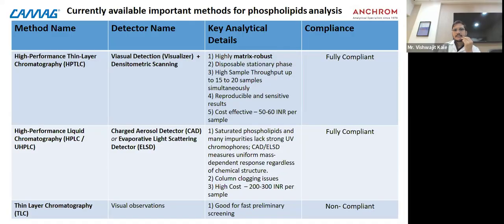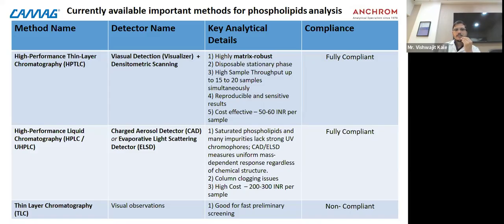So HPTLC is the first choice. Why? Because it is highly matrix robust, with disposable stationary phases, and high sample throughput: 15 to 20 samples can be analyzed simultaneously. Reproducible and sensitive results can be achieved, it is very cost effective, 50 to 60 rupees per sample analysis, and fully compliant with current and latest regulations.